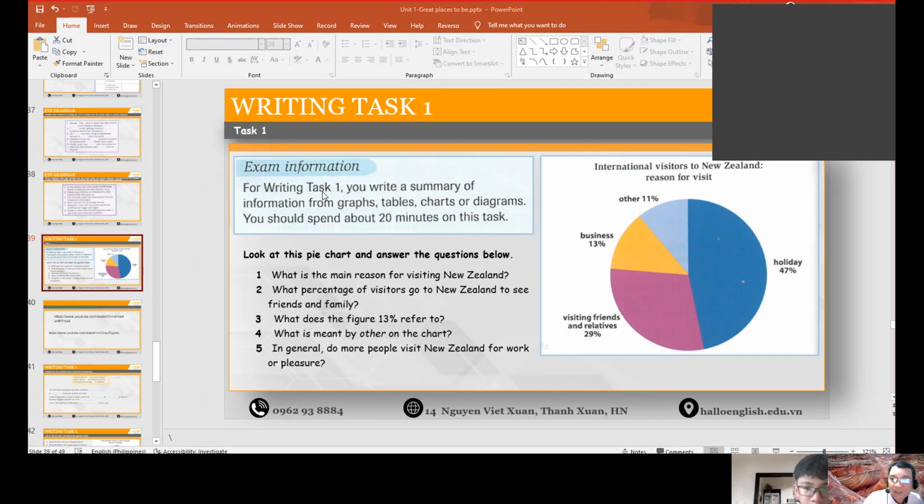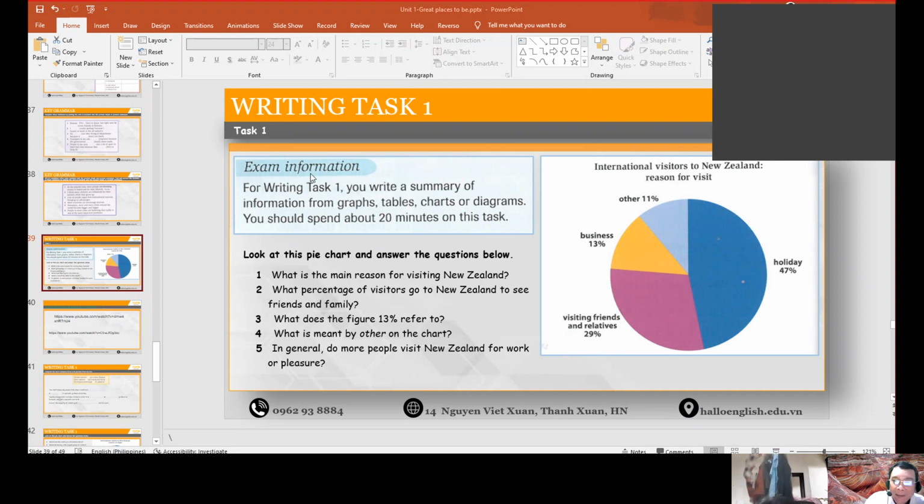Okay, now look at this one, Koi. For writing task one, you write a summary of information from graphs, tables, charts, or diagrams. In this particular graph, this one is what we call a pie chart, right? Yes. Okay. Now, look at this one.